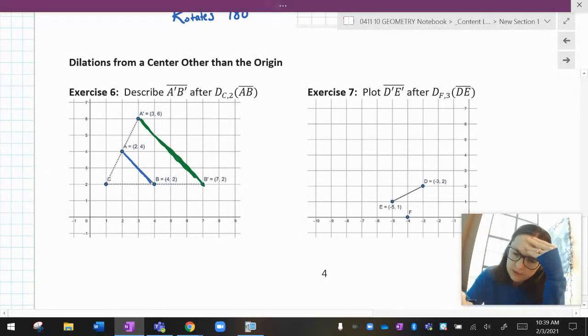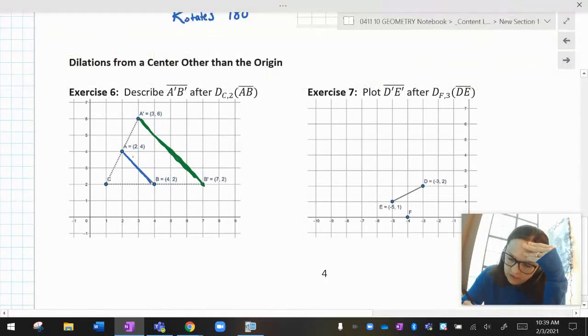This blue one is like 2 diagonals long, and this green one is 4 diagonals long. So it's definitely twice as long. So changing the center doesn't seem to matter. From C to A, I go right 1, up 2. From C to A prime, I go right 2, up 4.